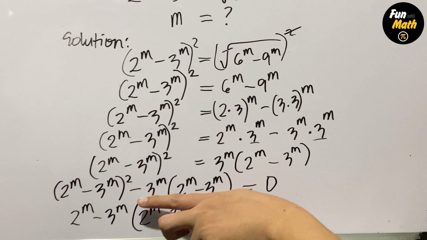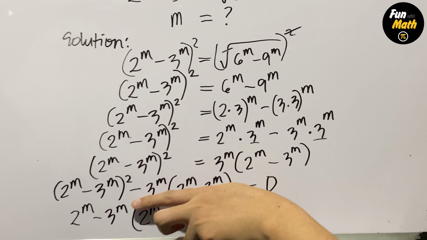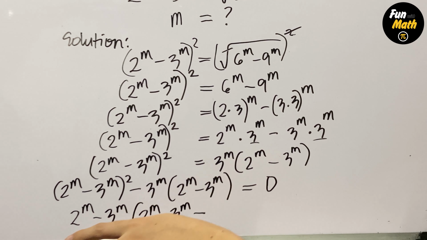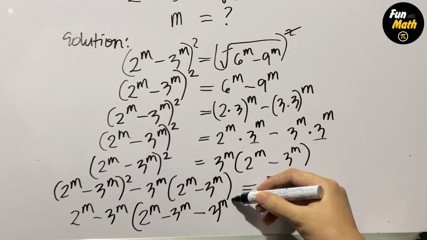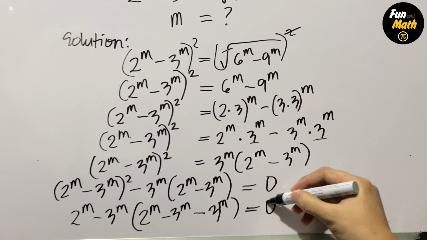Minus, here, 3 to the power of m times (2 to the power of m minus 3 to the power of m) divided by 2 to the power of m minus 3 to the power of m. This would be cancelled, and the remaining is 3 to the power of m equals 0.